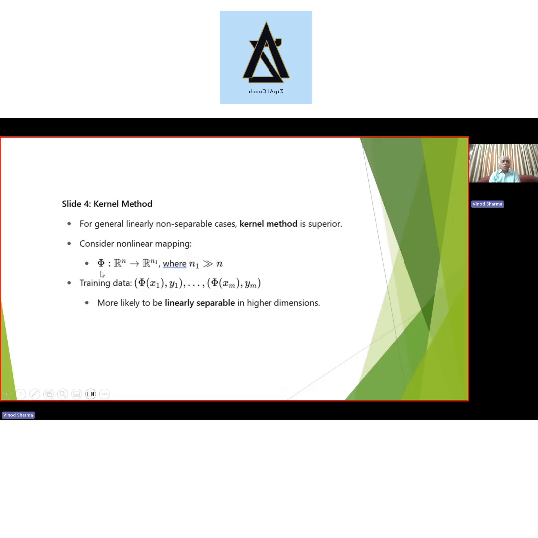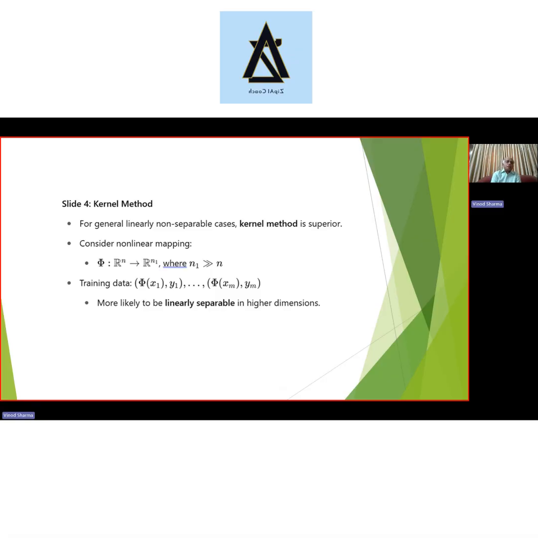So you take a nonlinear mapping to a larger dimensional space. Now the chances are that once you have projected xi onto this larger dimensional space, and we consider the training data in this larger space, the data may be much more linearly separable than in the original space.